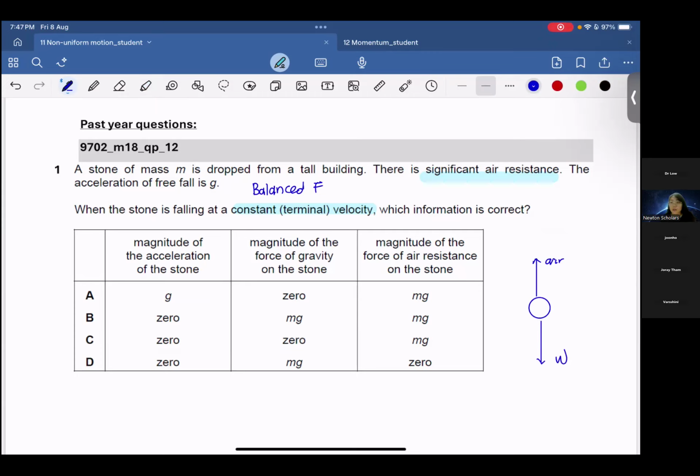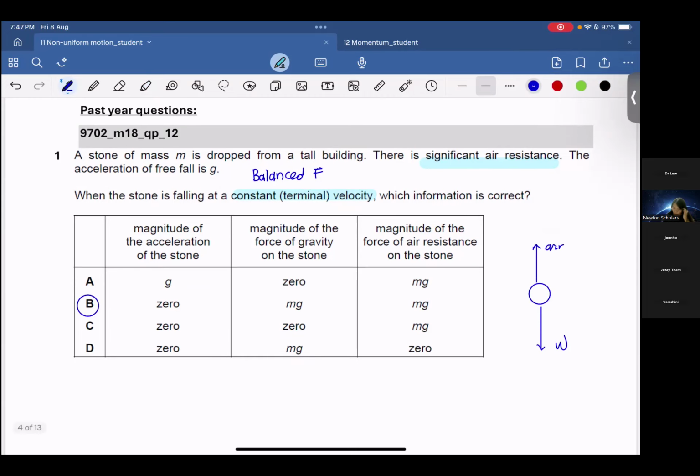The answer is B. Correct, Fatima, good job. When terminal velocity is reached, acceleration is 0, and the force of gravity, meaning the weight, is balanced by the air resistance. So the answer is B.